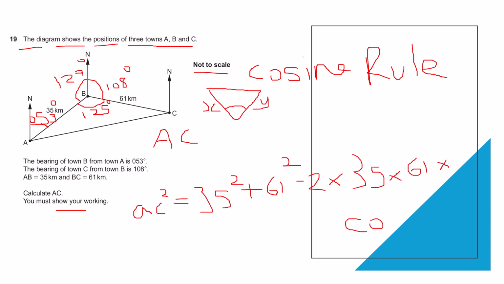Don't forget at the end the square root, let's just plug it in first. So we're going to have 35 squared plus 61 squared minus 2 times 35 times 61 times cos of 125, close brackets.